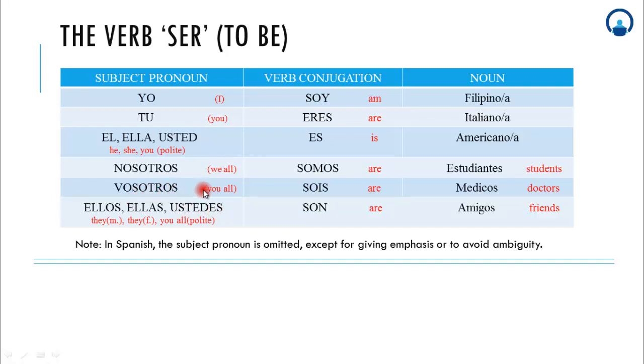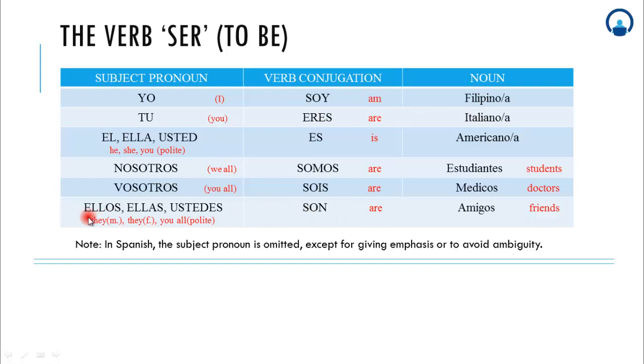Vosotros is informal, a friendly way, and ustedes is a polite, respectful approach. This has got a conjugation son, that means are.